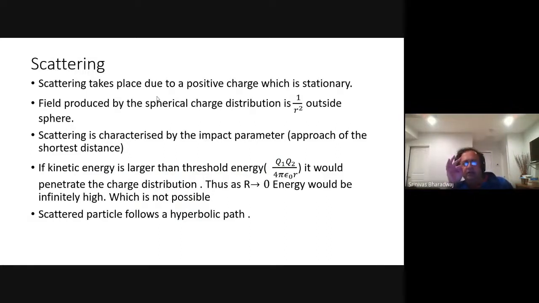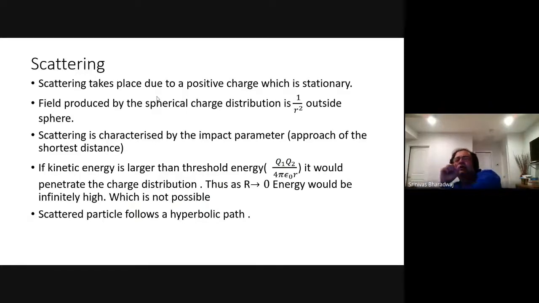Now, scattering in the Rutherford experiment takes place because the positive charge is stationary and it is centered in a concentrated central nucleus. The field produced by this charge distribution is 1 by r squared, as you all know, right? And therefore, things that go directly towards the nucleus, which occupy that small space, had a probabilistic value for when they would hit the nucleus, and when they would fly here and fly there.